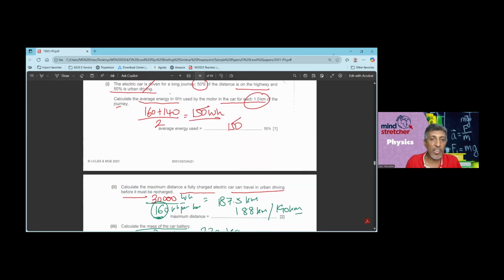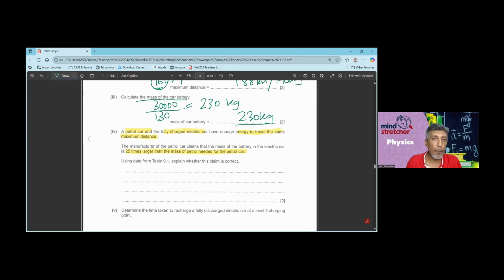So for the battery, let me use the petrol first. Petrol, 13,000 times, remember it's only 20%, right? 0.2, you have 2,600 watt hour. For battery, it's 130 and it's 80% efficient.